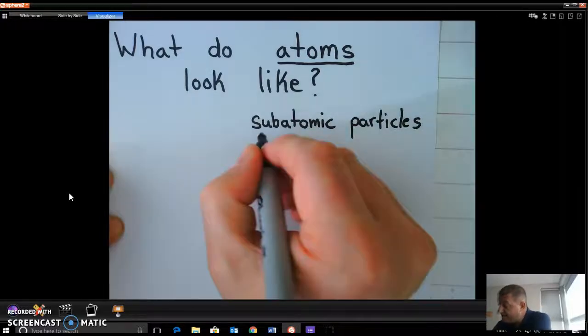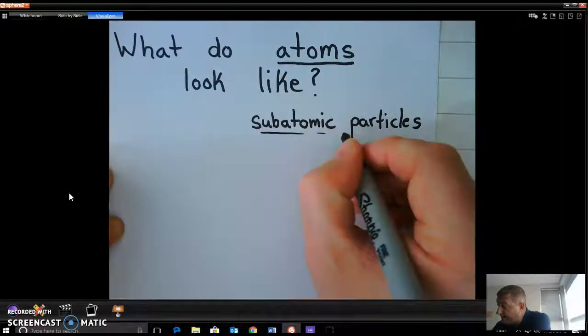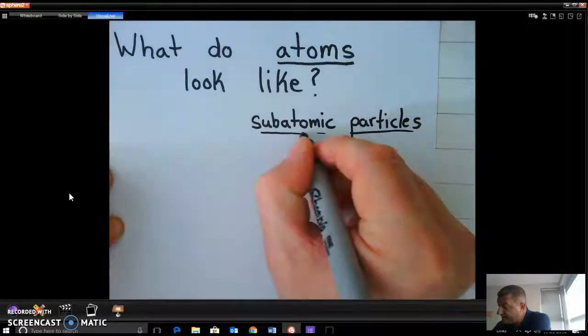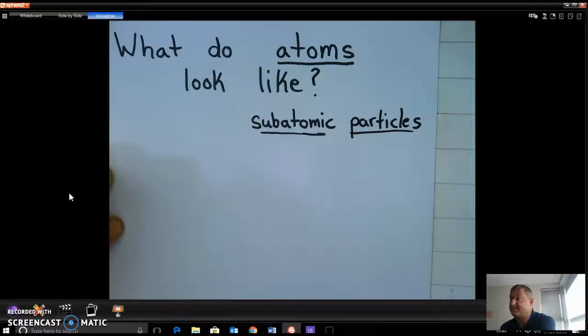And atoms are made up of three basic subatomic particles. Did you know that everything in the universe is made up of three subatomic particles? They are like the building blocks of the universe.